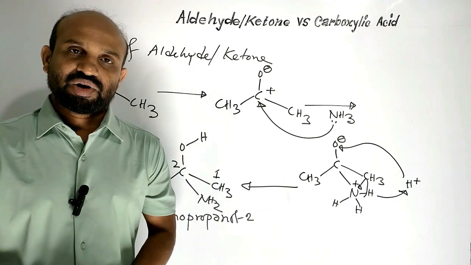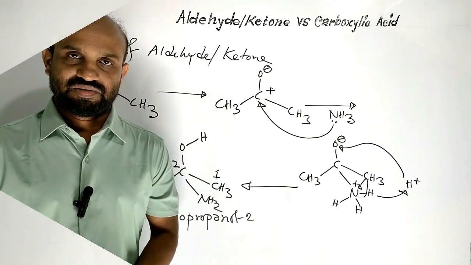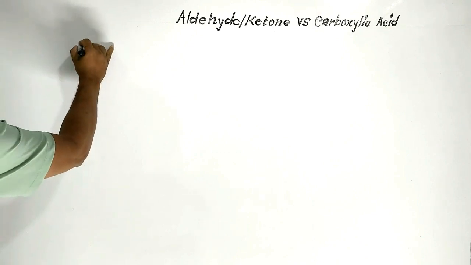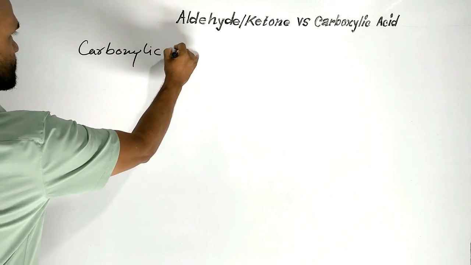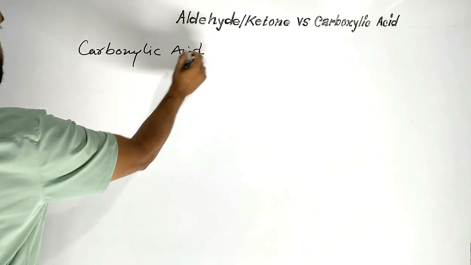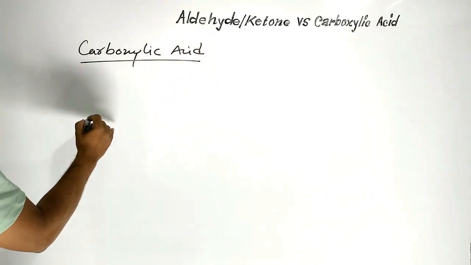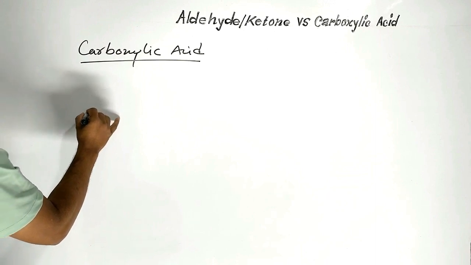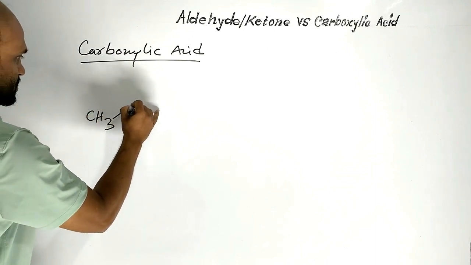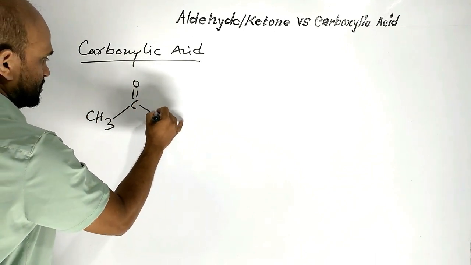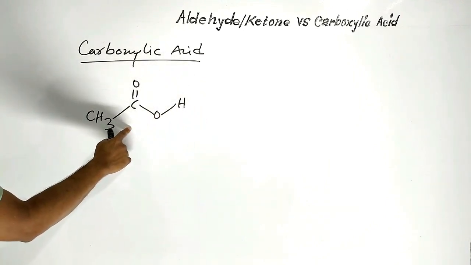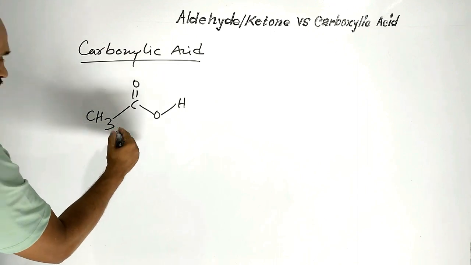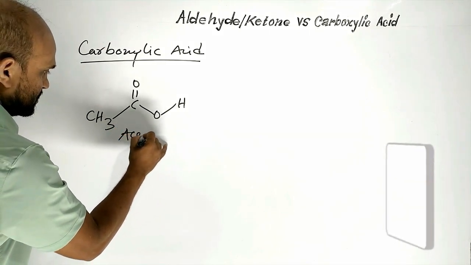Now let us see what about carboxylic acid. Let us see one example of carboxylic acid. This is a kind of carboxylic acid. Its name is ethanoic acid or acetic acid.